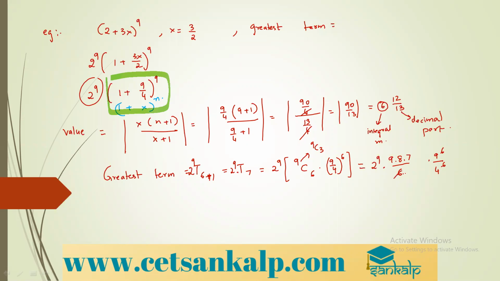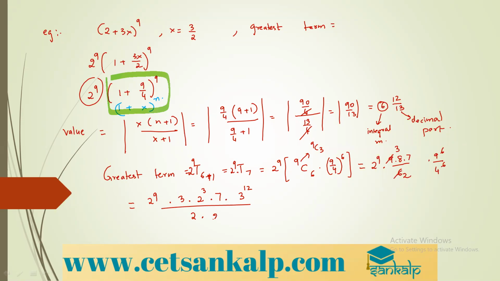How? 3 twos, 3 threes. I will write 2 power 9 and then all the 2s I'm taking on one side into 3. 8 is 2 cube, then 7. 9 is 3 square, so 3 power 12. Down, what do I have? 2.